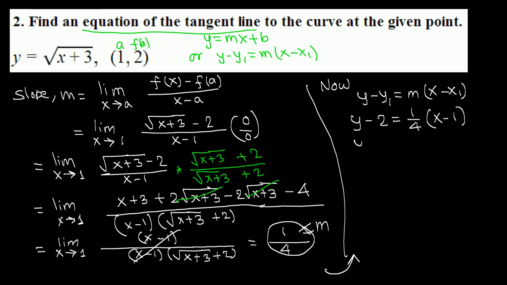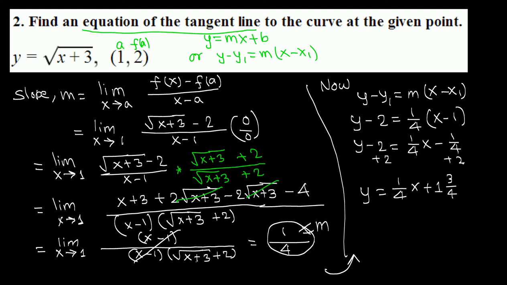Let's simplify. y minus 2 equals, distribute 1/4, so 1/4 x minus 1/4 times 1, move 2 over, so pretty much add 2, so y equals 1/4 x, negative a quarter plus 2.